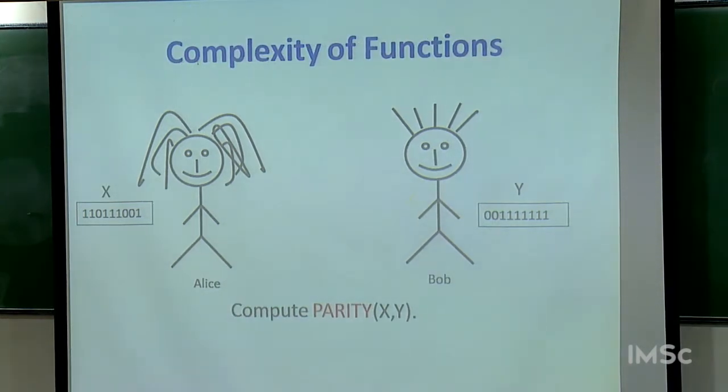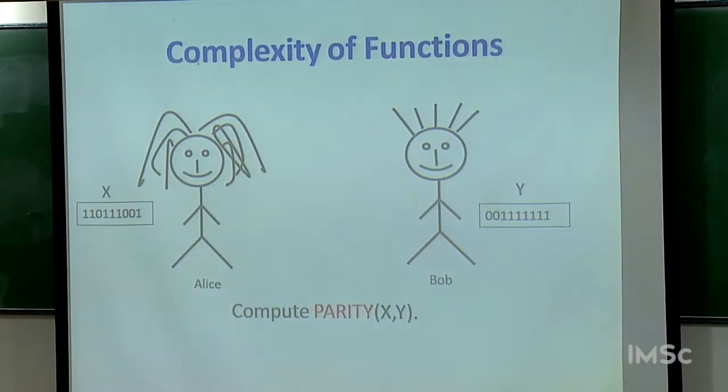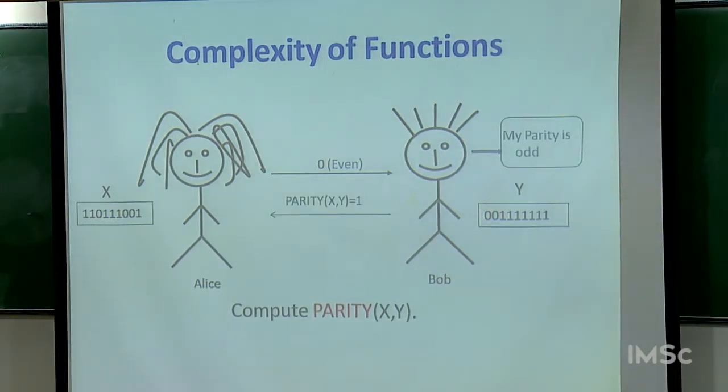So just to be sure that we understand the model well, here's a very simple function, parity, where we can do much better than the trivial protocol, simply because Alice just sees her input and sends Bob the information whether the parity of her side is 0 or 1, and then Bob, knowing that, can very easily compute the parity of the entire input.